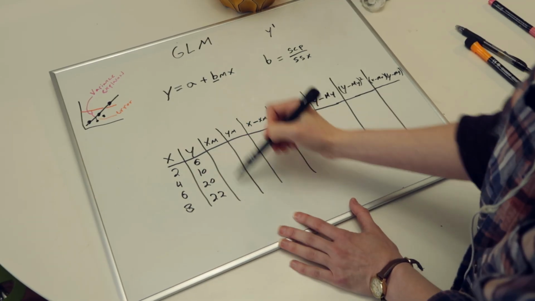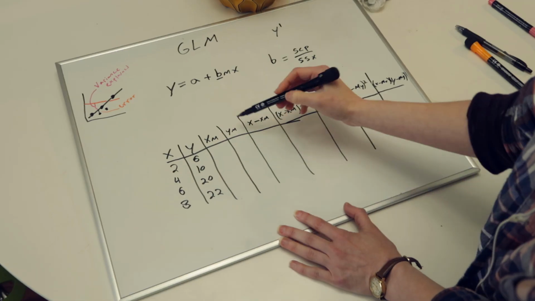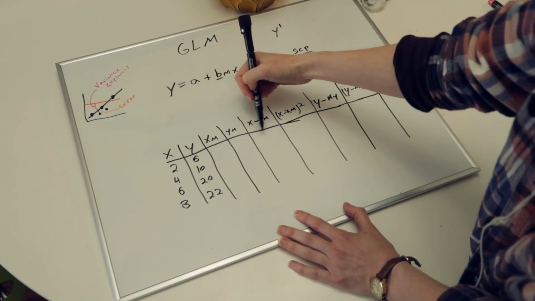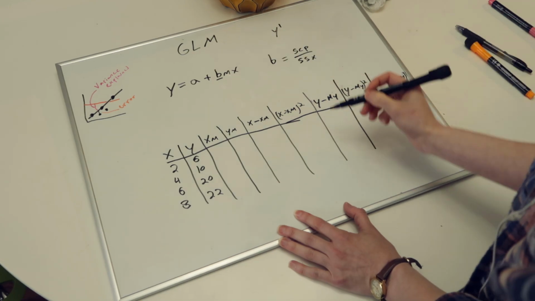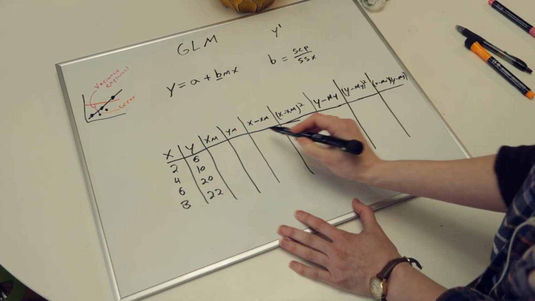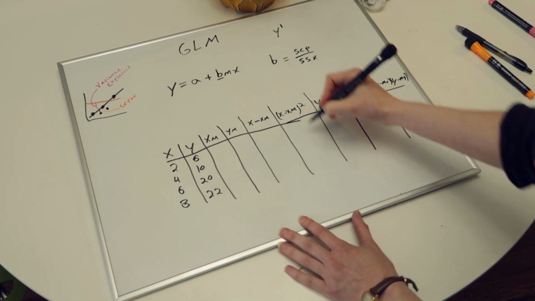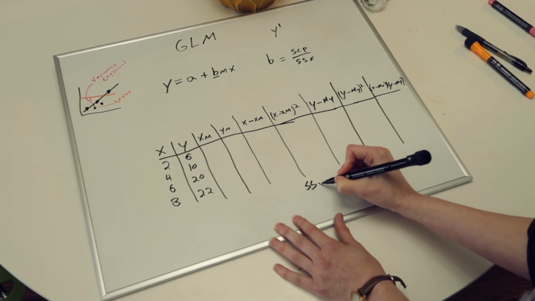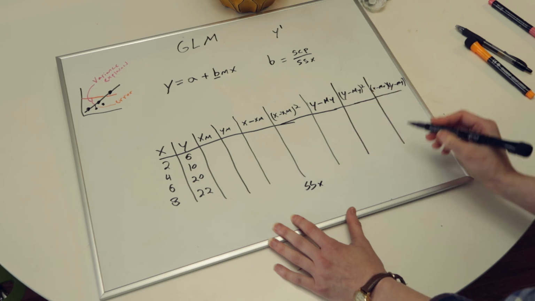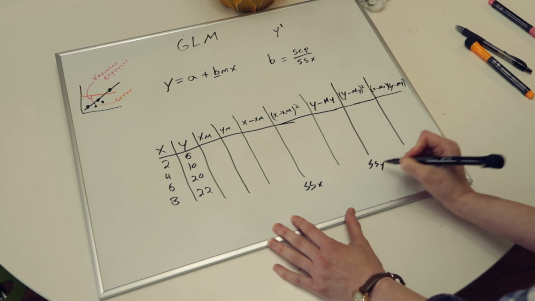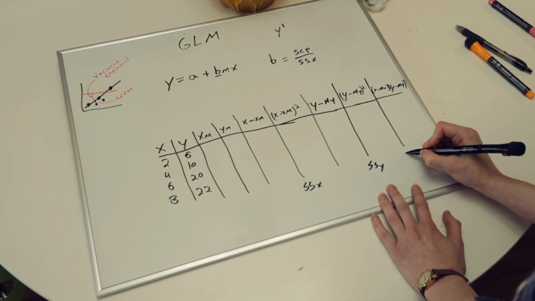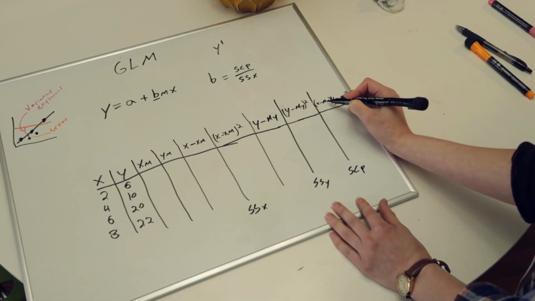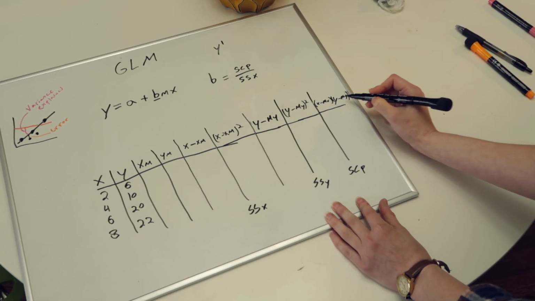You're going to find the mean for X, you're going to find the mean for Y, then you're going to subtract the raw X from the mean, and then you're going to square whatever that value is. That squared value is the sum of squares X, and you're going to do the same thing for Y, that's the sum of squares Y, and then you're going to have the sum of cross products, which is X minus mx times y minus my.